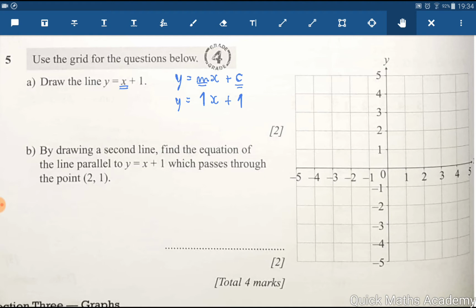This is very easy to trace. I cross this line, and the steepness is, for each x that I advance, 1 y. For each x that I advance, another y, and so on. Okay, we just have to put a line over it. So I'm going to do that.